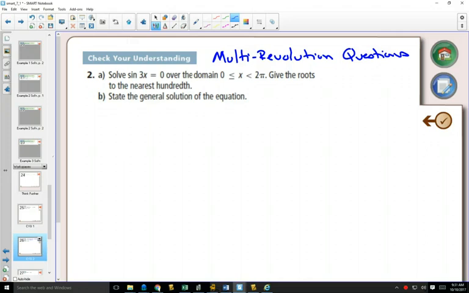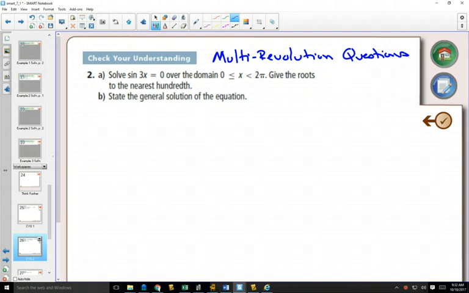If you can recognize something and give it a name, usually that helps you solve it. And the names that I give are usually connected to how we solve it. So multi-revolution questions, this is the name that I've given to this, and we're going to see why we call it this. So in this multi-revolution question, it says, solve sine 3x equals 0 between 0 and 2 pi.